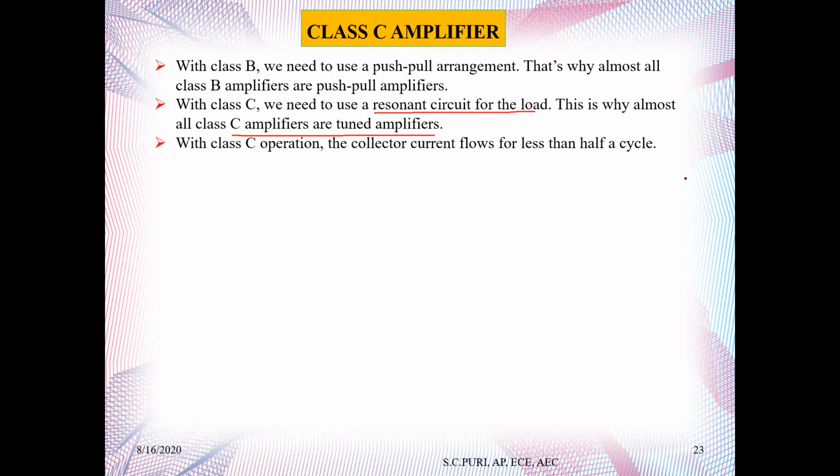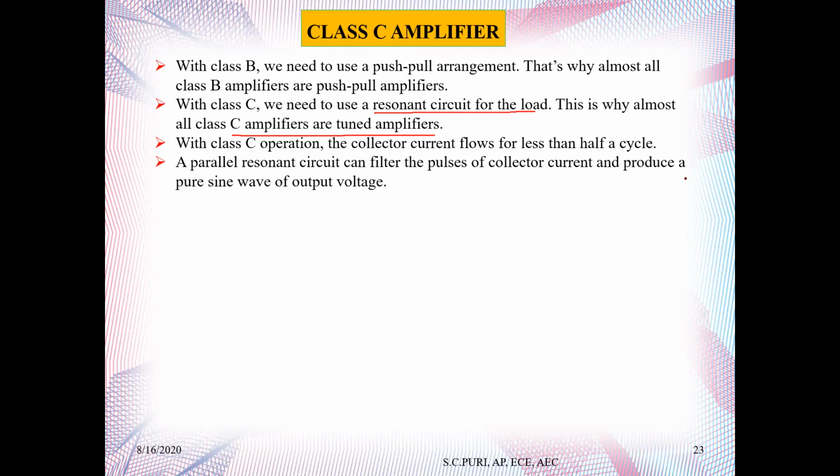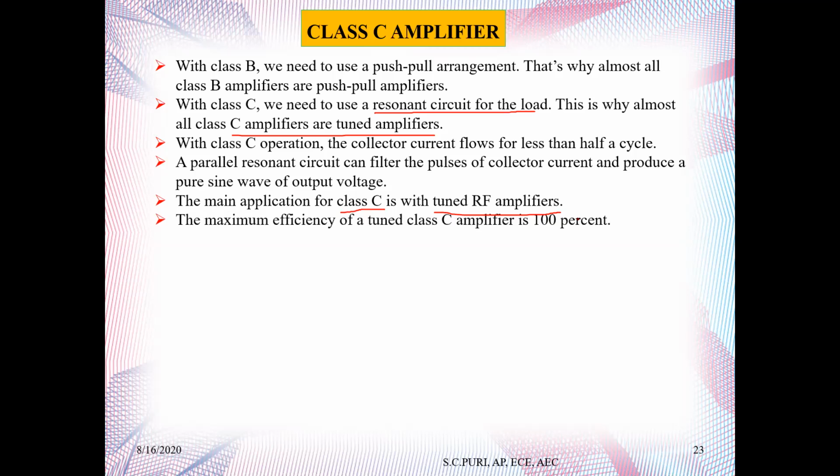With class C operation, the collector current flows for less than half a cycle. A parallel resonant circuit can filter the pulses of collector current and produce a pure sine wave of output voltage. The main application of class C amplifier is with tuned RF amplifiers. Again, it's an MCQ question. The maximum efficiency of a tuned class C amplifier is 100%.